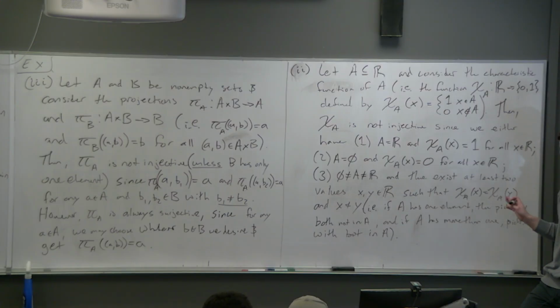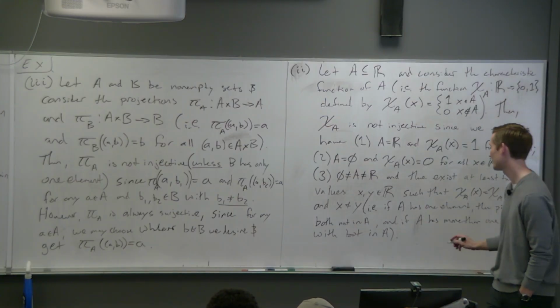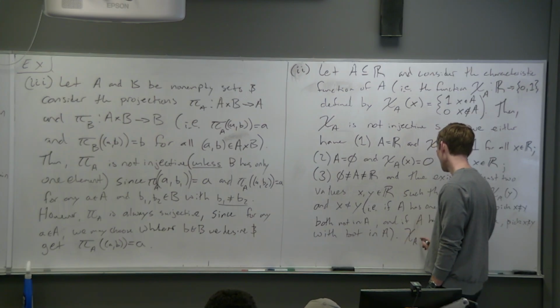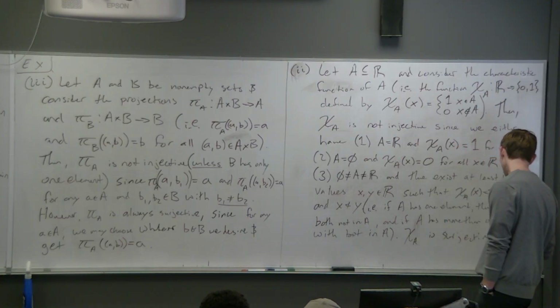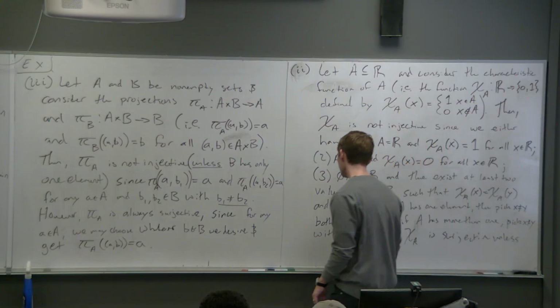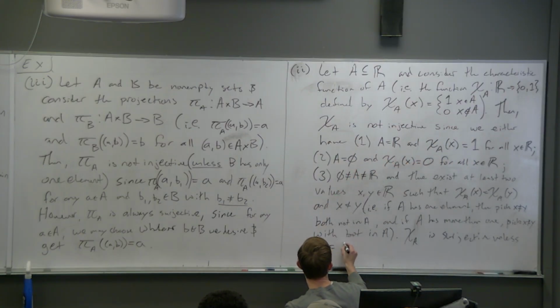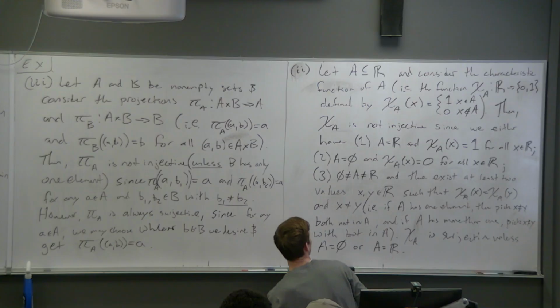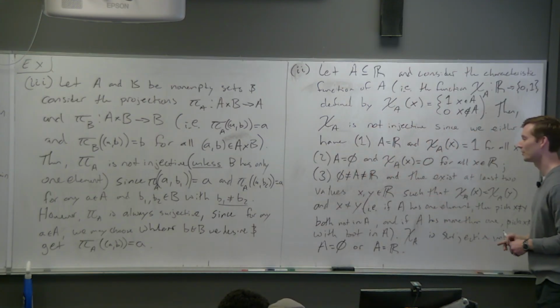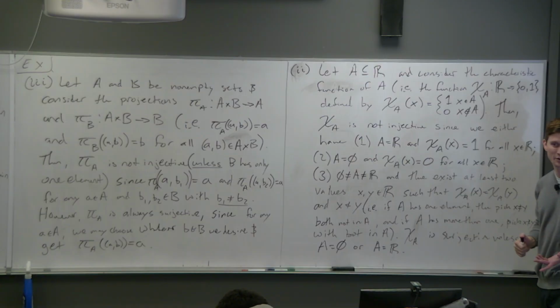Okay. What about surjective? We have cases as well. So chi A is surjective unless A is equal to the empty set or A is equal to all of the reals, for the reason above, the fact that you get a constant function otherwise.